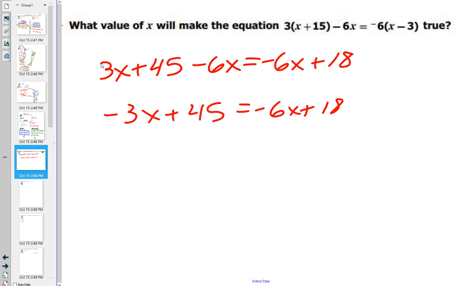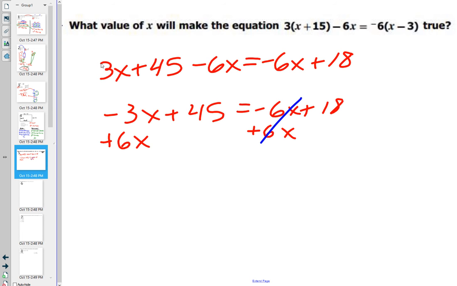Daniel? Yeah, I want to put the x's together. Out of preference, I like to move the smaller coefficient. So what's smaller, negative 3 or negative 6? 6. So I'm going to go plus 6x. So now, Crystal, all the x's are moved over to the left. If a term does not have an x, it has to go bye-bye because the x's are taken over.